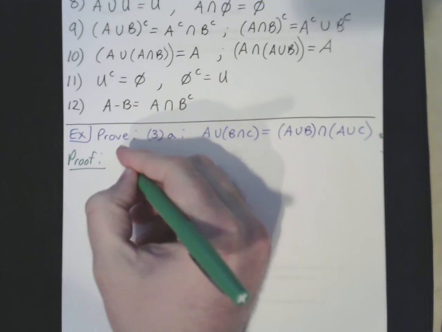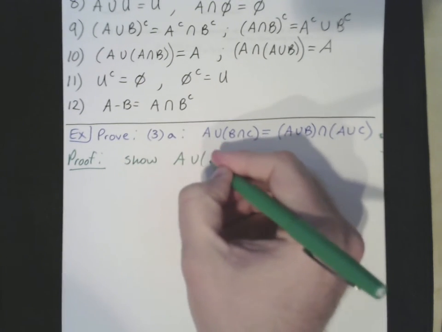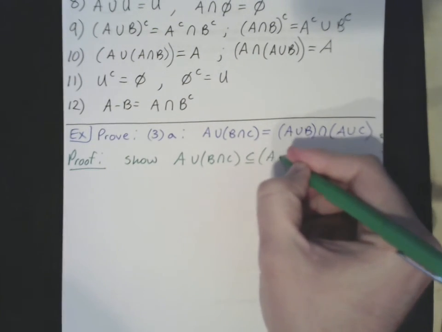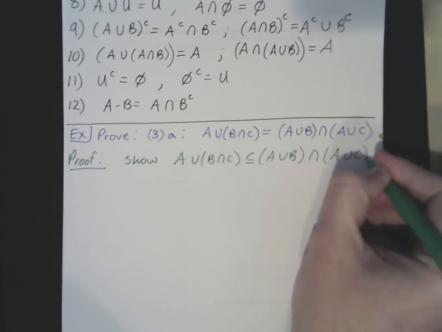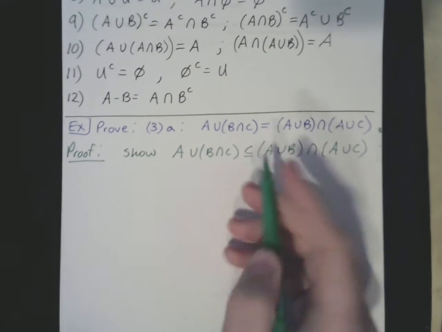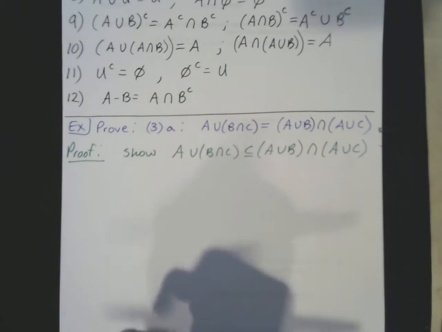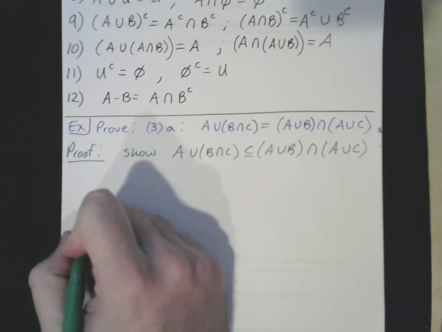So we are going to here show that A union (B intersect C) is a subset of (A union B) intersect (A union C). And for these set equalities, I do recommend you write what you're showing just to format your proof so you know where you are, and it makes it easier for me to look at as well.